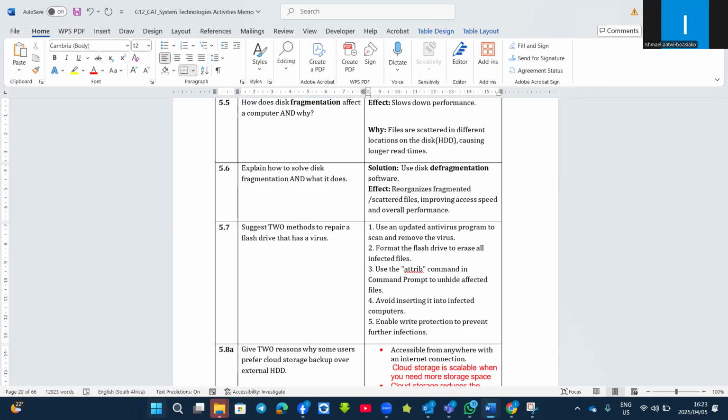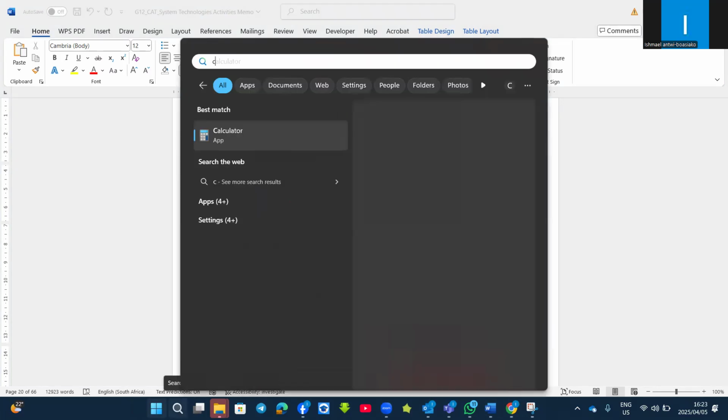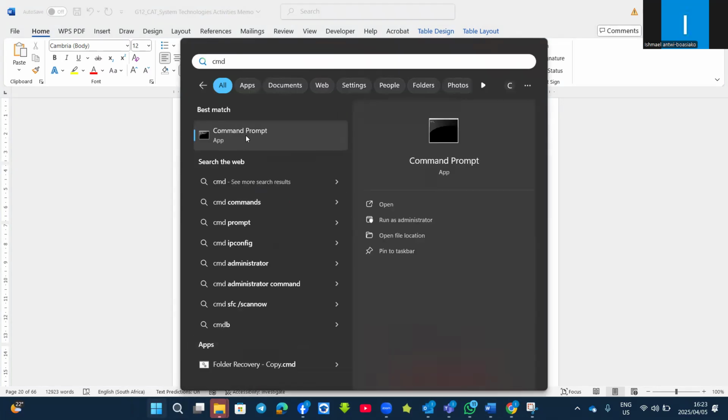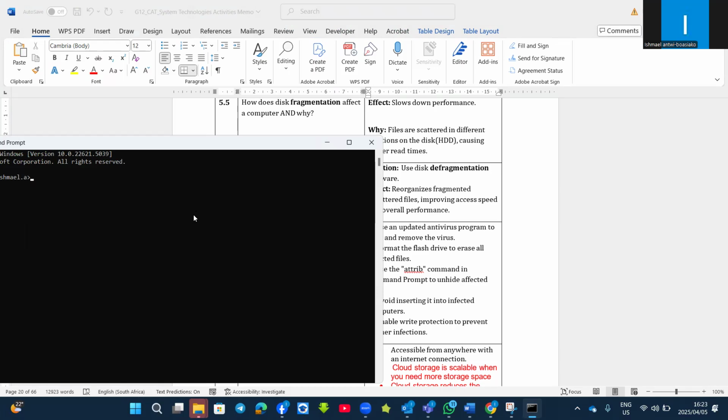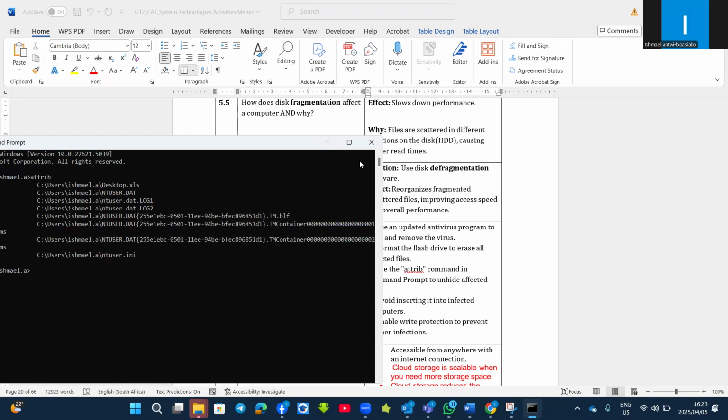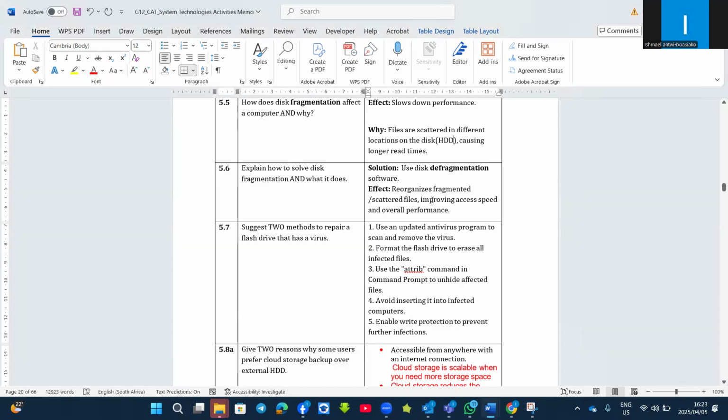So when you go to CMD, command prompt, you type attrib. If you have it, you can use it to also remove the virus.